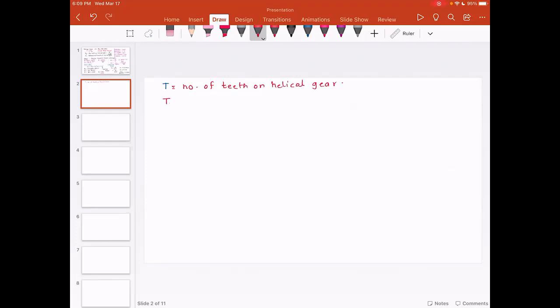So from this T, you should find TE. It's T divided by cosine cube alpha. And use TE to find Y prime, which is Lewis form factor. In the case of spur gears, we will use just T, but in the case of helical gear, we are gonna use Y prime.